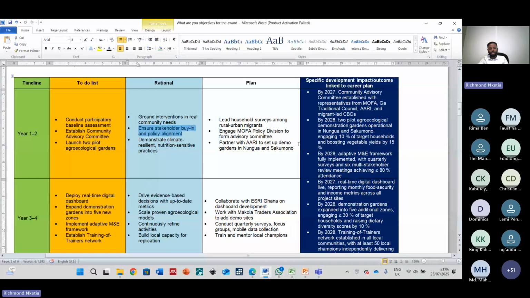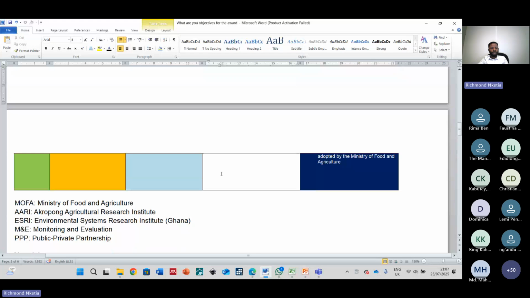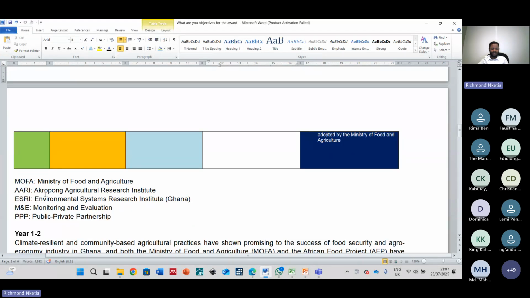What I'm going to do is to engage the Ministry of Food and Agriculture and also the community leaders where I want to do the intervention, because you need to engage the people, which is most important if you are doing participatory-based research. And then I would partner with, there's an abbreviation, these are things that just came off my mind, Akupon Agricultural Research Institute.